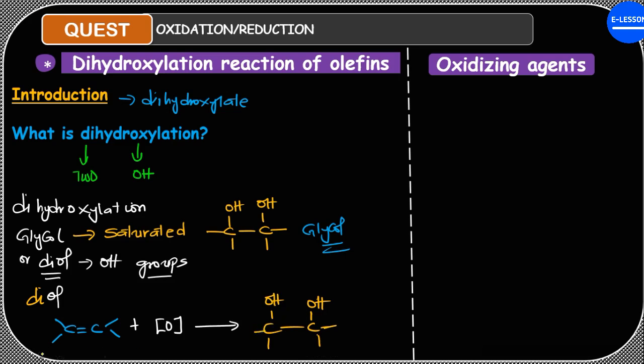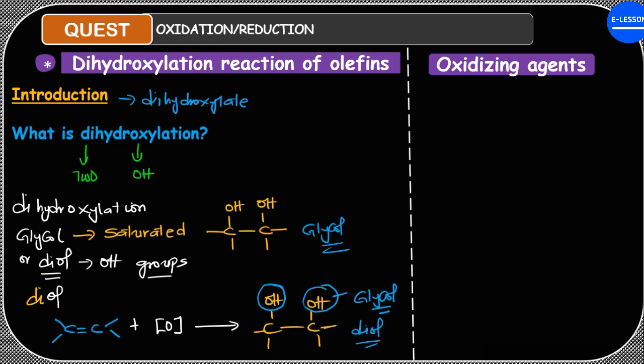Now this compound here that has OH on adjacent carbons is what is called a glycol, or you can call it a diol. Diol means it has 2 OH groups. Glycol means the 2 OH groups are present on adjacent carbon atoms.